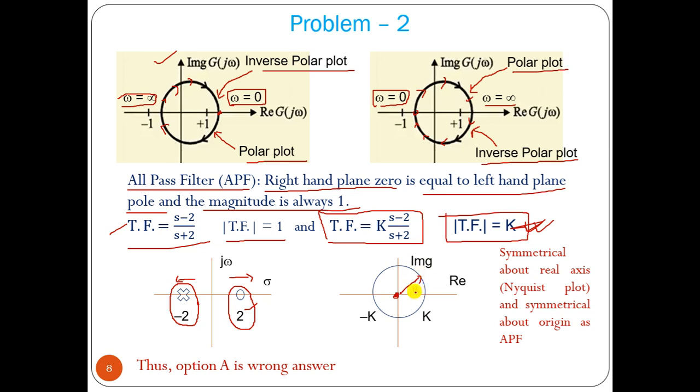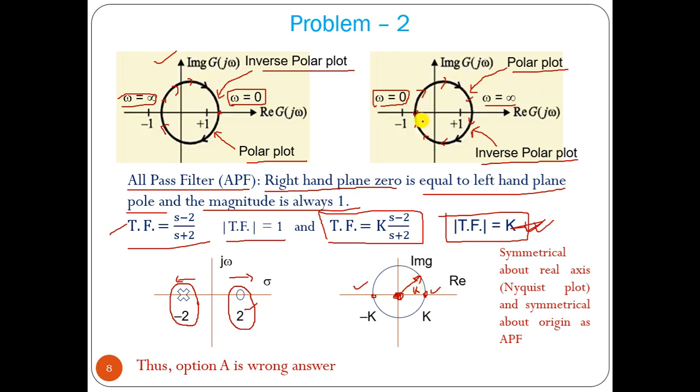So this is your minus k, this point should be k, right? This is the example of all pass filter. For all pass filter, it should be symmetrical about the origin, with radius k. From origin, it should be a radius of k. K is the magnitude of the all pass filter.